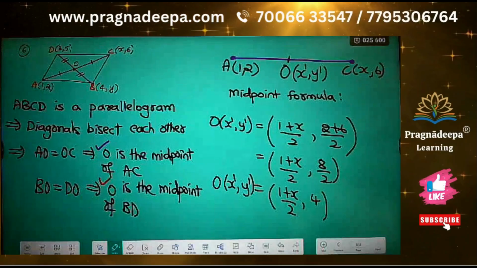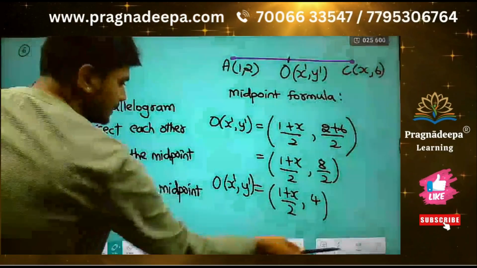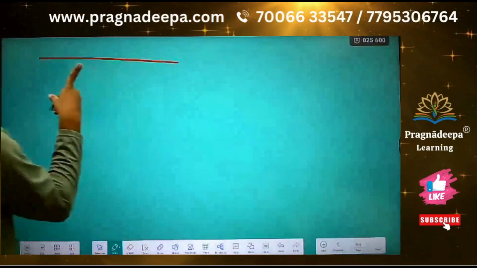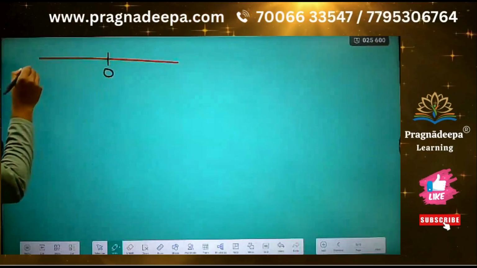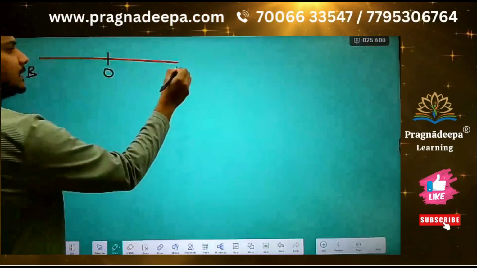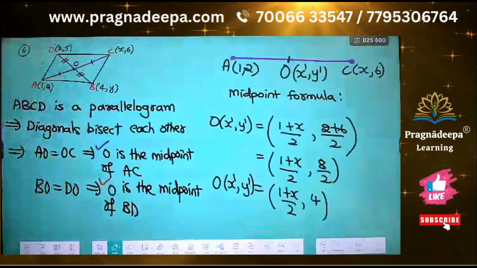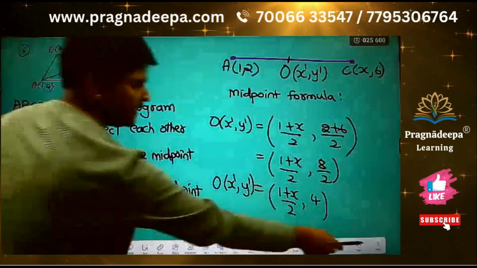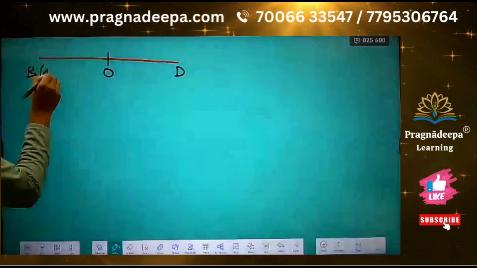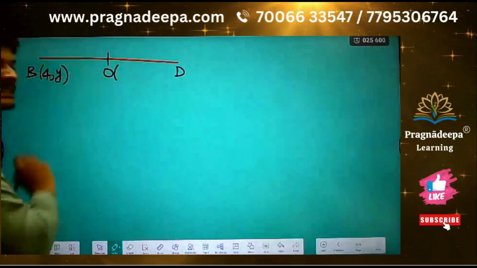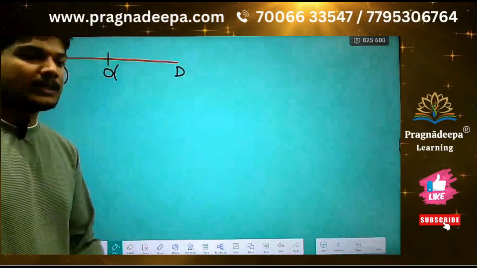So ಇವಾಗ ಮತ್ತೆ midpoint formula apply ಮಾಡಬಹುದಲ್ವಾ? O is a midpoint of BD. So you have O here, you have B, you have D. So what are the coordinates of B? Coordinates of B is 4, y. Coordinates of O change ಆಗುತ್ತಾ ಹಾಗೆ ಇರುತ್ತಾ?